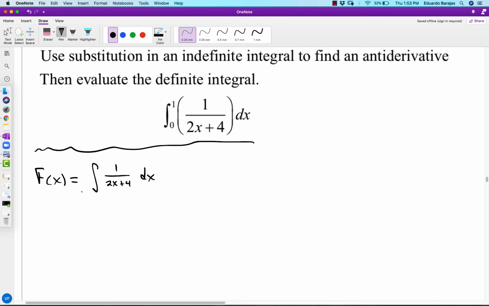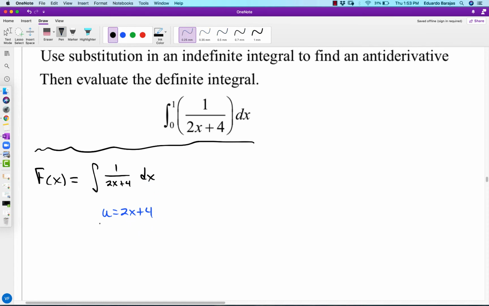Okay, so let's figure out what this is. To figure out what this is, let's do substitution as suggested. Since we don't really have a standard way of figuring out what this is, it doesn't fit one of our standard patterns. But if we do a substitution where we let u equal to 2x plus 4, then we can replace this with 1 over u, and then that's something that we can find an antiderivative for. Okay, however, we have to also replace the dx.